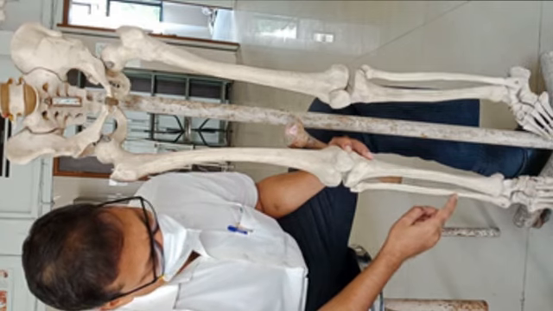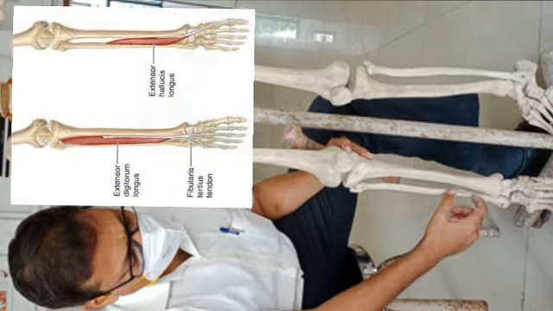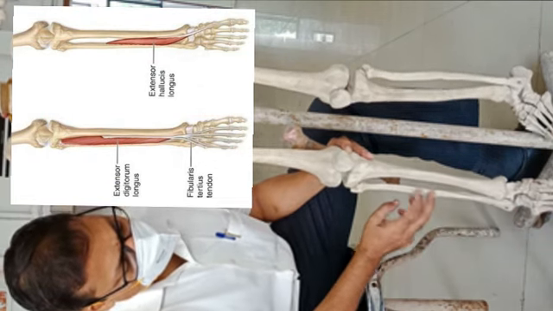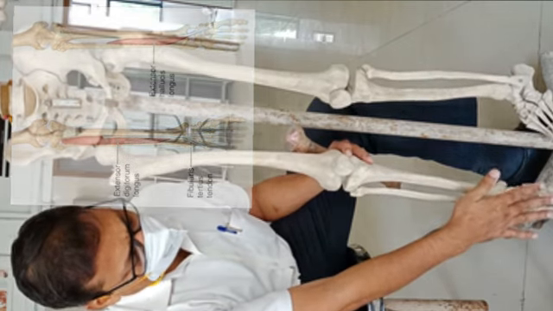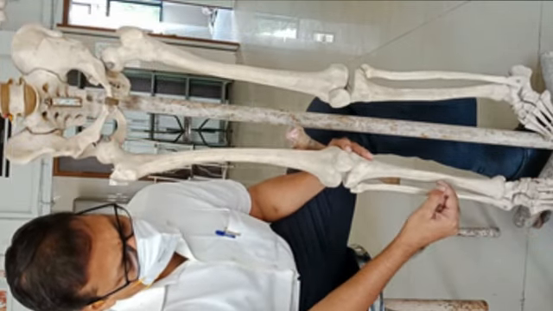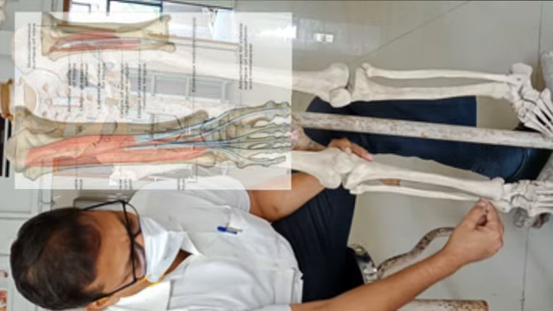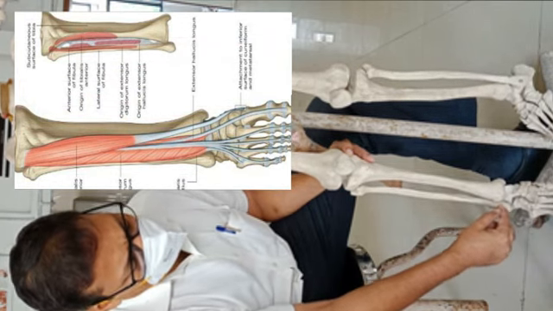We will see afterwards the extensor digitorum, extensor hallucis, and peroneus tertius. Three muscles are there, but that will be discussed during the fibula. But in the anterior part, these are the four muscles that are coming down: tibialis anterior, extensor digitorum, extensor hallucis, and here in the lower part we will get the peroneus tertius.